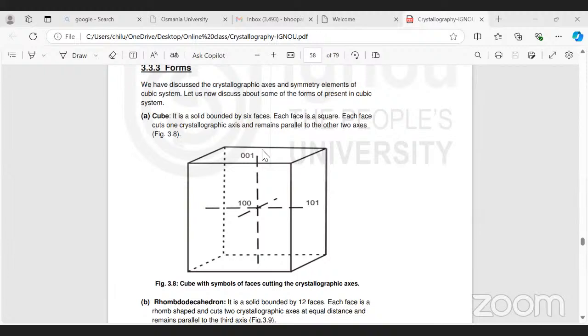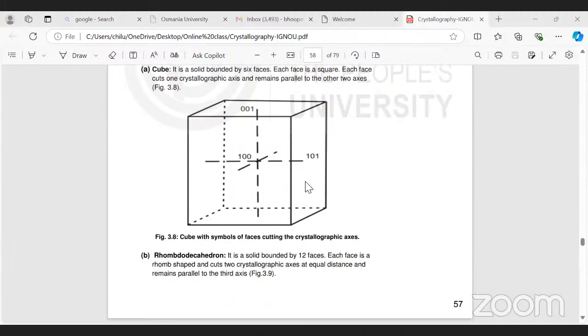The other sides also have three, 3 plus 3.